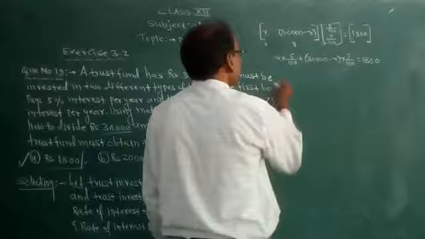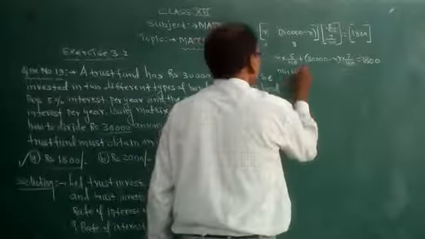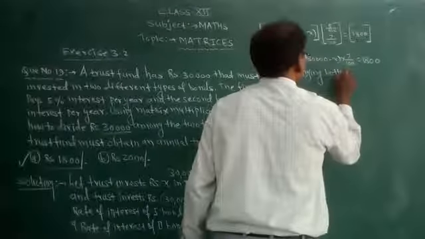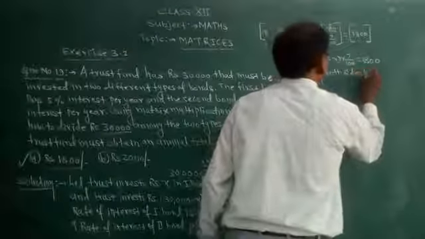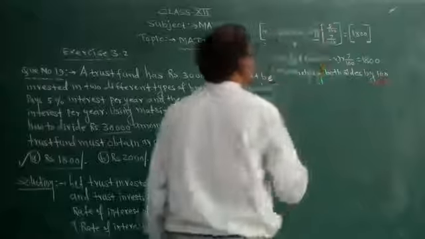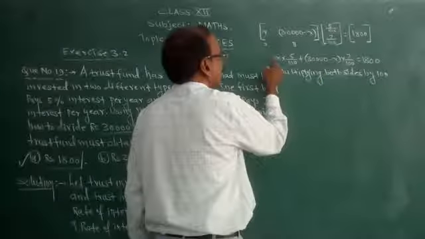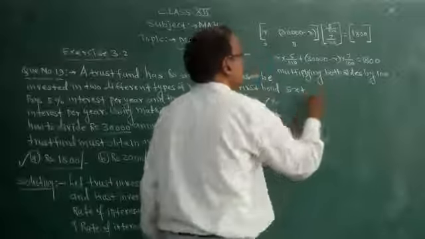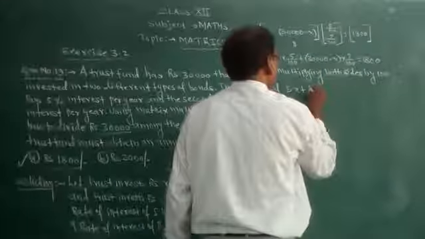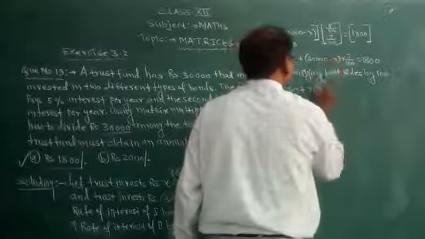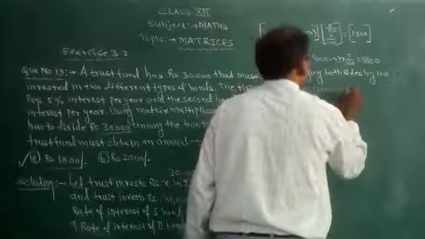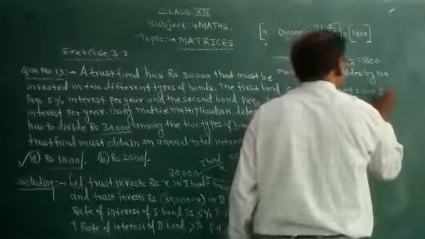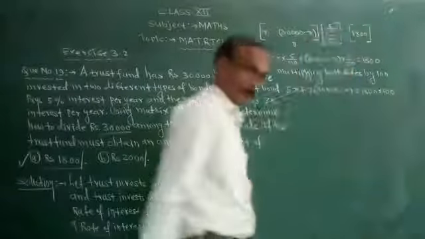Multiply both sides by 100. So we get 100 into X into 5 upon 100, it gives me 5X plus this 100 will cancel. So I am getting 7 into 30,000 minus X equals to, this is 1800 into 100.